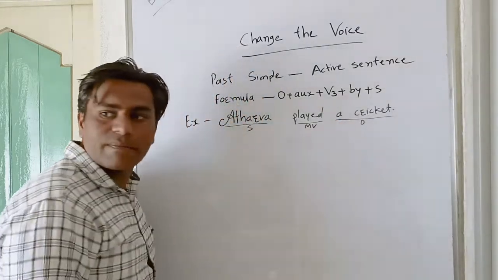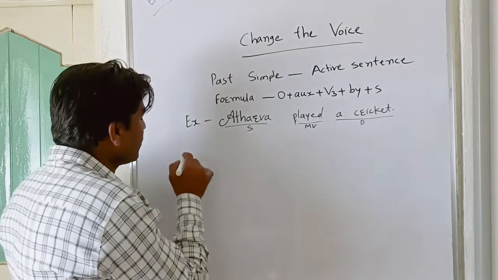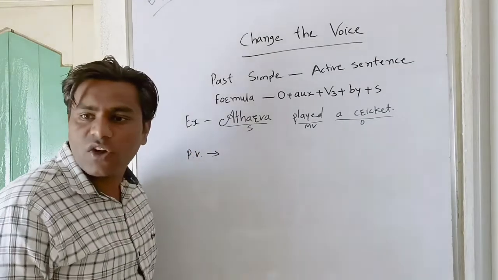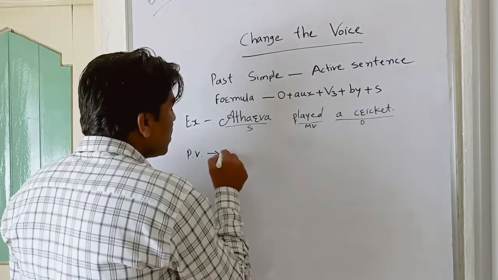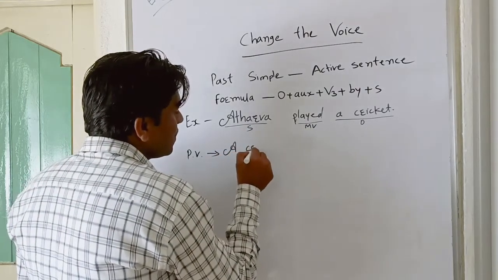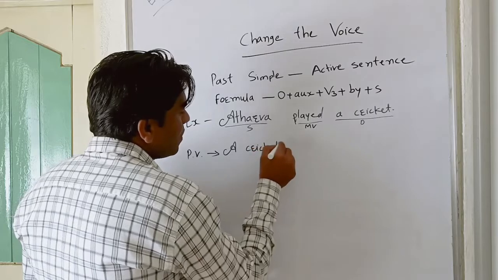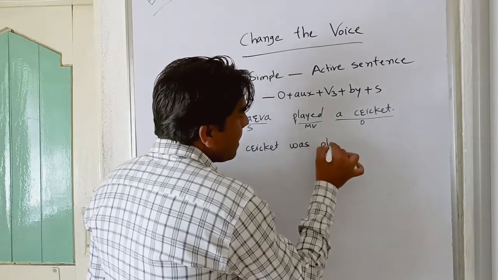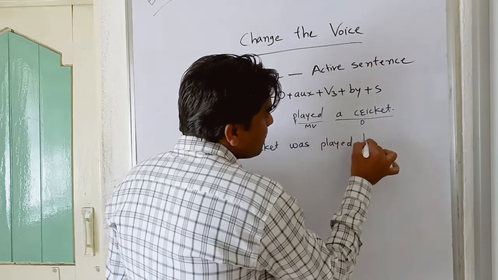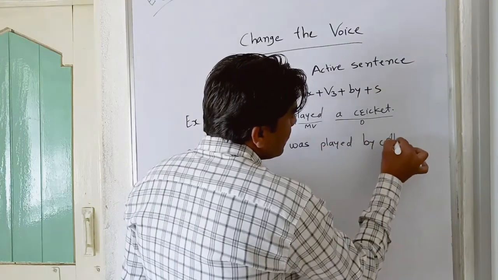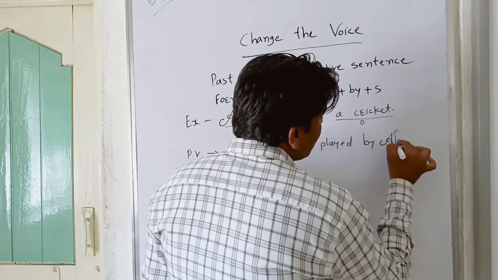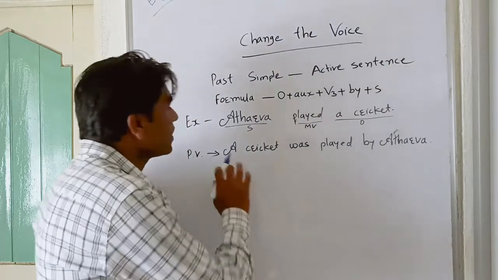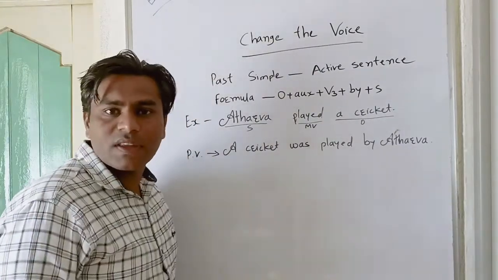So this object we have to write in the passive voice at the place of subject. So: a cricket was played by Atharva.